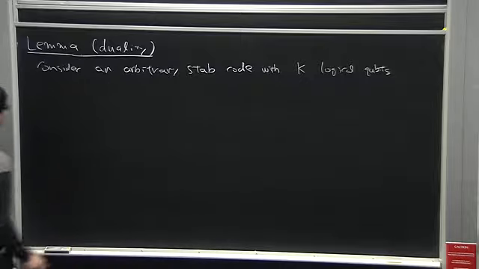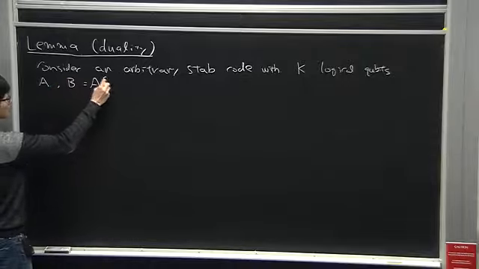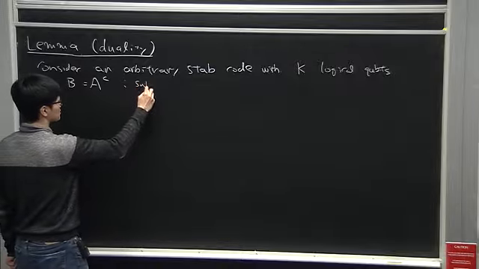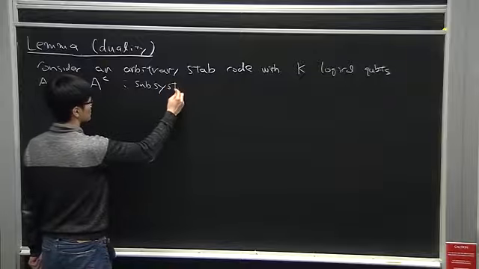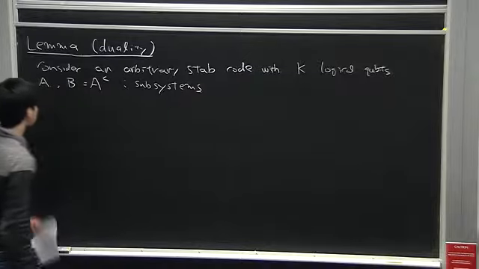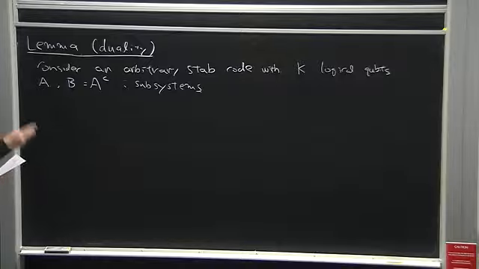And so let A and B, which is a complement of A, be some subsystems. So it's just a bunch of qubits, so that A and B are complementary. So A and B cover the whole region.